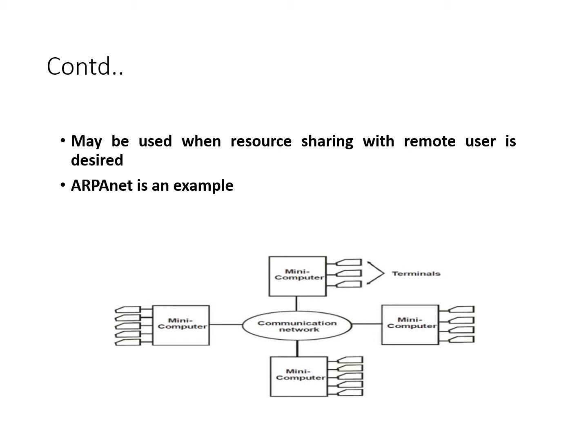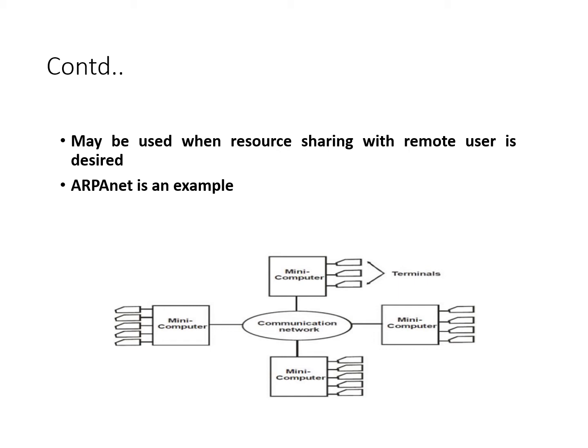And we can see the diagram of the mini computer model. N number of mini computers, which could even be supercomputers, each has n number of terminals attached to it. Each such terminal can be used by the users to log into the system, and through the communication network all the mini computers are connected.